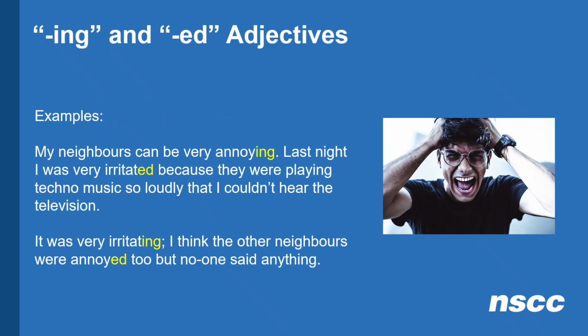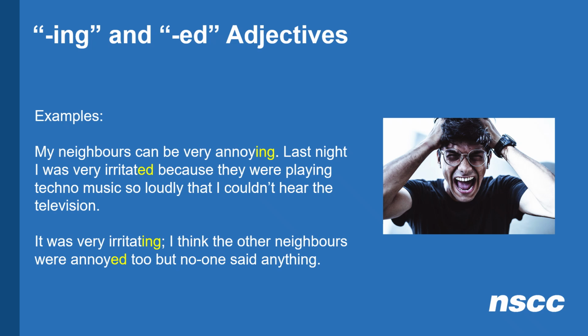Here is another example of ing and ed adjectives. My neighbors can be very annoying. Last night I was very irritated because they were playing techno music so loudly that I couldn't hear the television. It was very irritating. I think the other neighbors were annoyed too, but no one said anything.